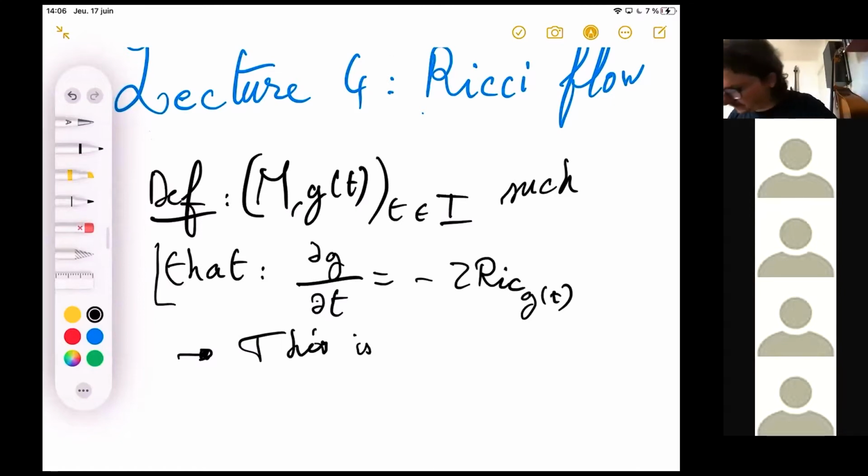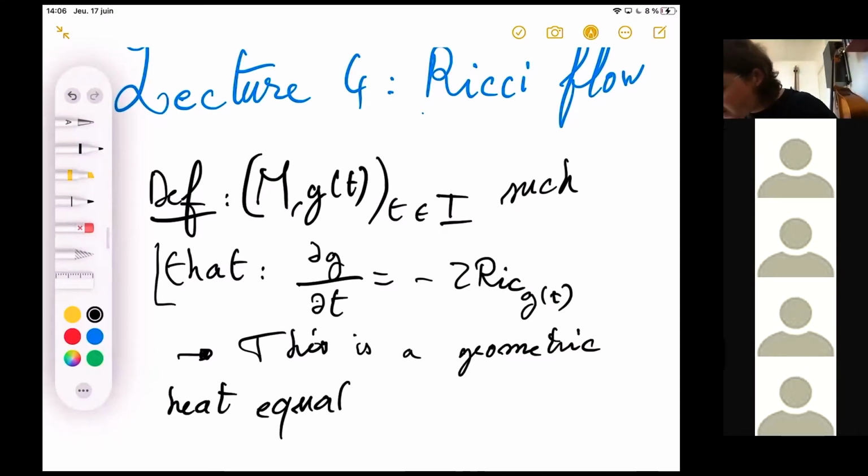Okay. So this is a kind of geometric heat equation, because it's expressed in purely geometric terms, for Riemannian metrics.